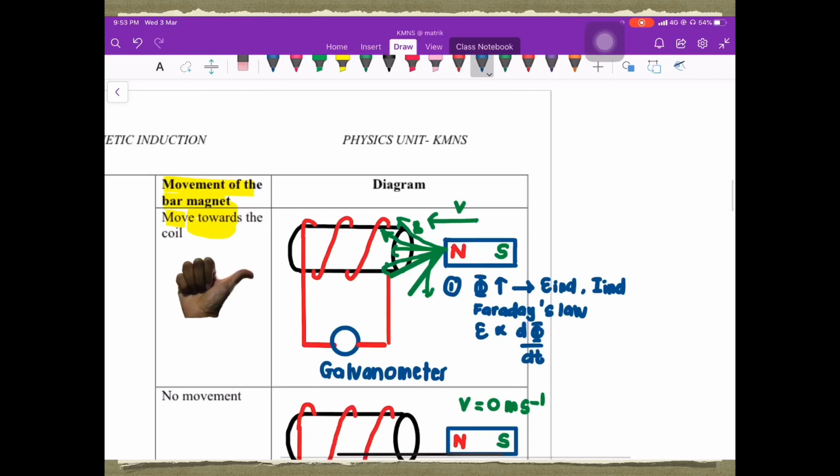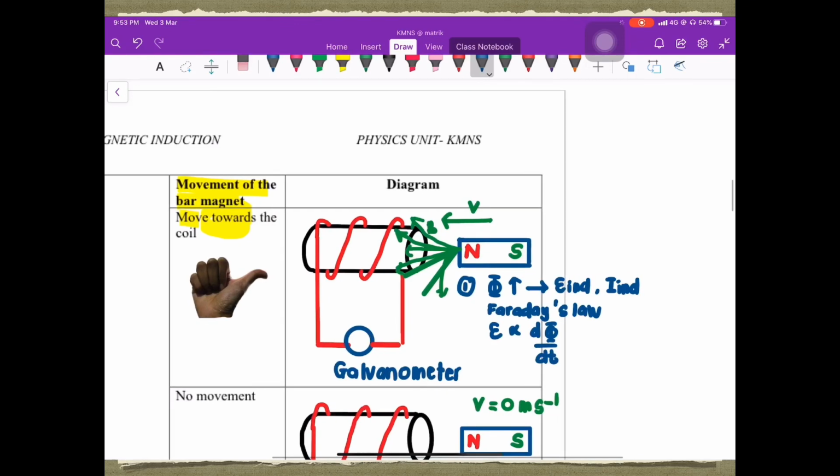So this situation applies Faraday's law. Now, when the induced current is produced along this wire, we need to apply Lenz's law.